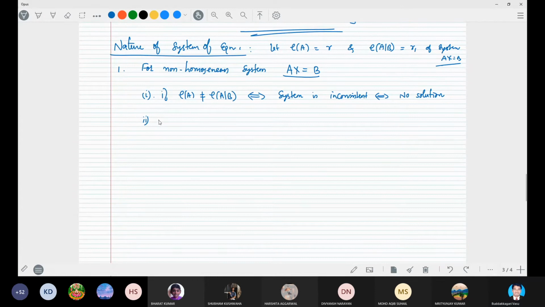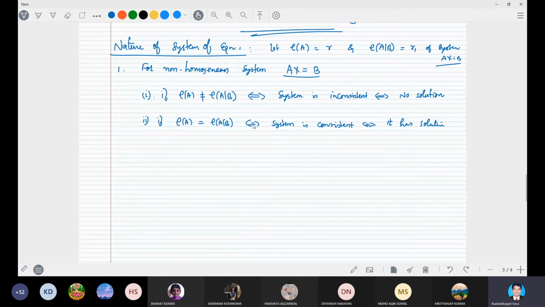Now, number 2. If the rank of A is equal to the rank of the augmented matrix, the system is consistent. That means it has a solution.